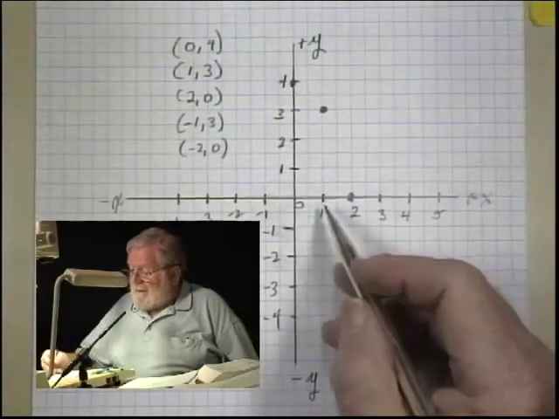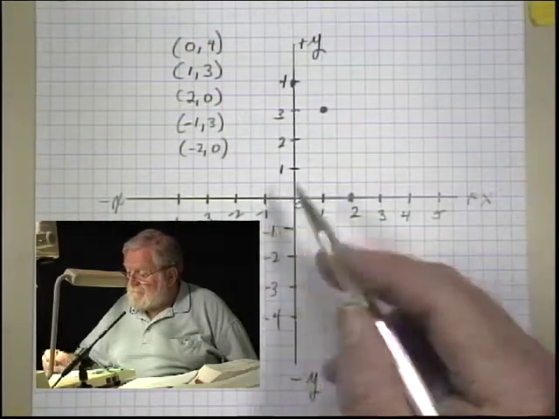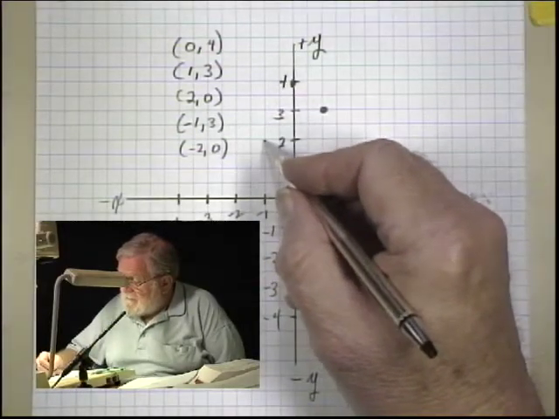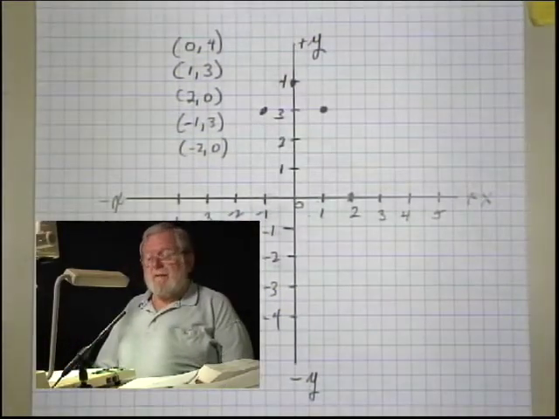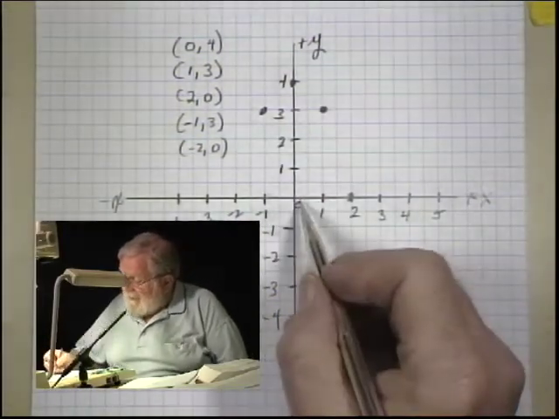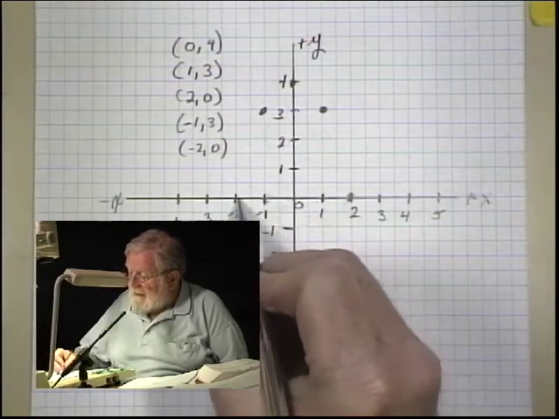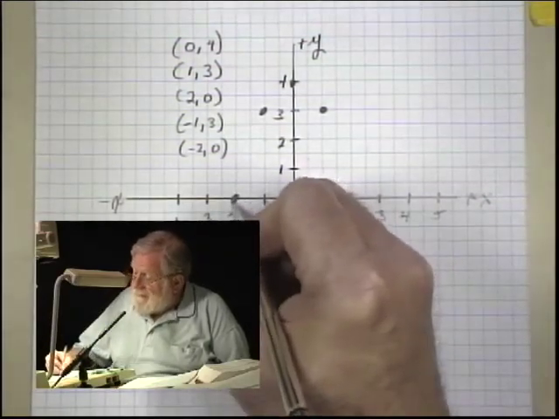And our next point is y equals a minus 1. X equals 3. 1, 2, 3. That's right here. And our last point, x equals a negative 2. We're on the x-axis, negative 1, negative 2. Y equals 0 is right here.